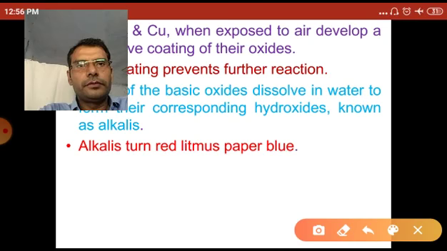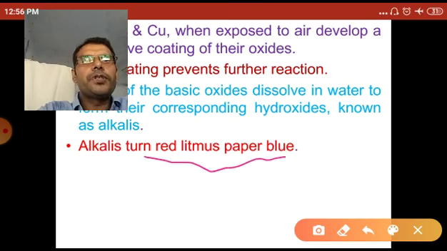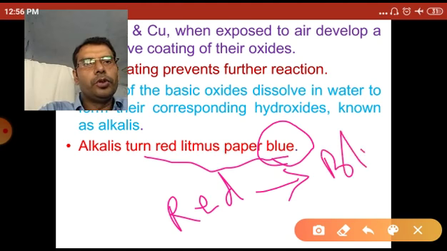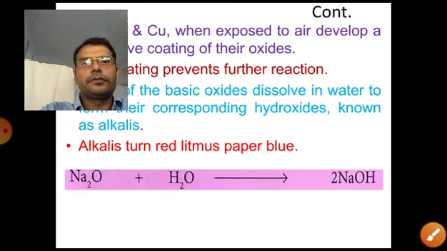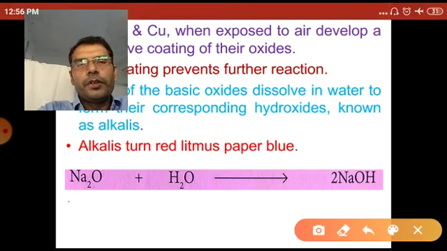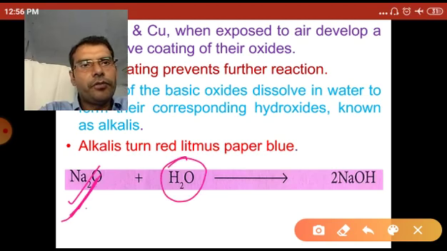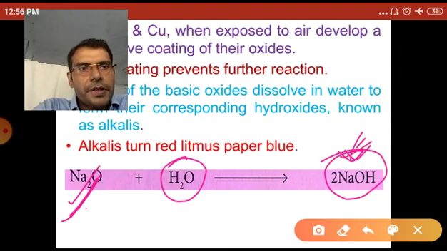Generally alkali turn red litmus paper blue. So alkali or base changes red litmus paper into blue color. As for example, when sodium oxide, a basic oxide, is dissolved in water, it forms sodium hydroxide, which is a soluble base, and that soluble base is called an alkali.